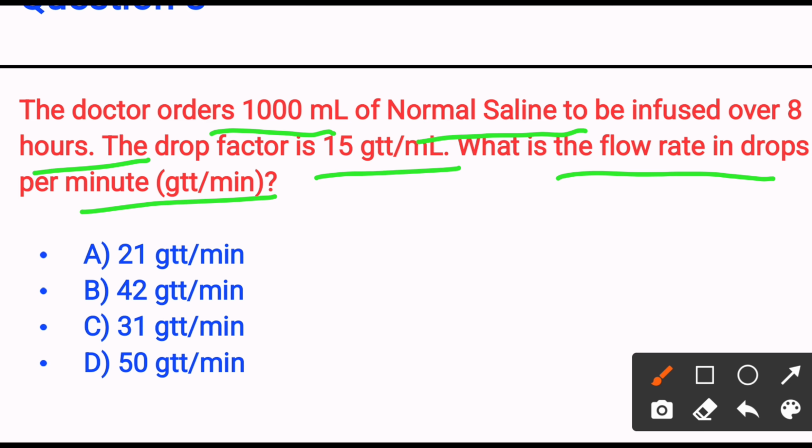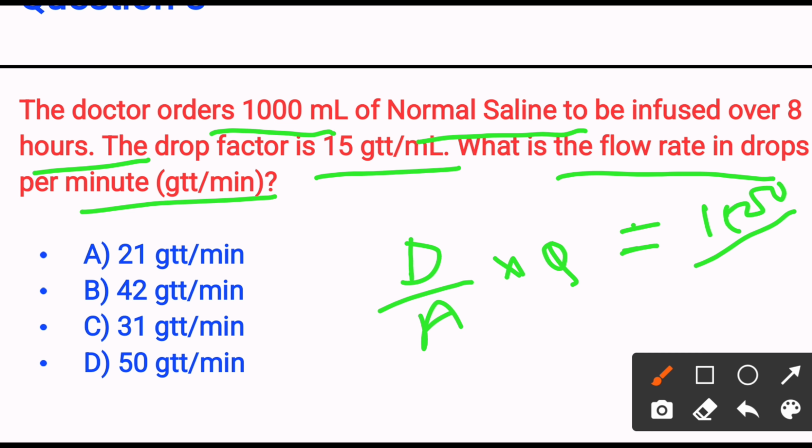The calculation will be D by A into Q: doctor's order by available dose into quantity in hand. Here D means doctor orders 1000 by 8 hours. They ask for the minute, so 8 into 60 into quantity in hand, which is 15.